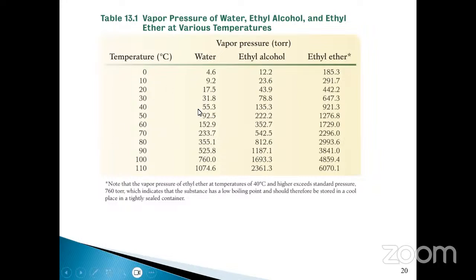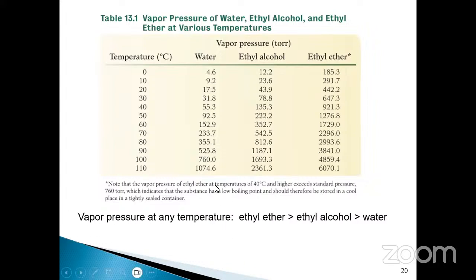So these are the vapor pressures of water at these temperatures. And you'll notice that we have two other substances whose vapor pressures are given as well, and their values are given for the corresponding temperature values shown, all right? So different substances will have different vapor pressures at different temperatures.